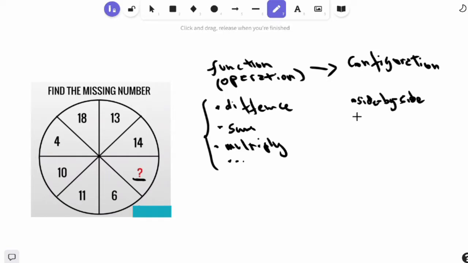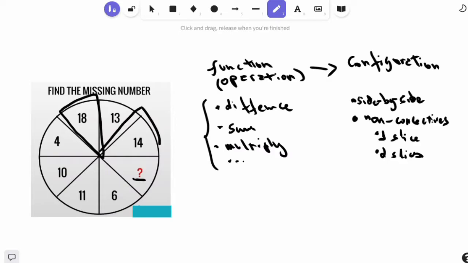Another possibility is to apply these functions on non-consecutive slices, with one slice in the middle between them, or two slices between them. When we have one slice between them, we are talking about pieces like these two, or these other two.